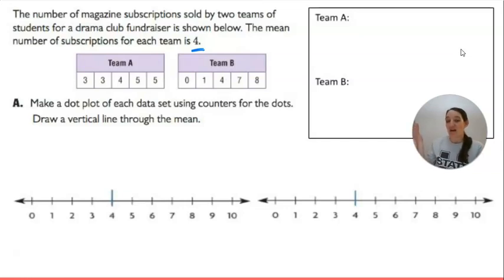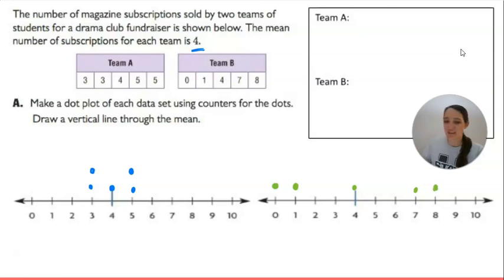Okay. Let's see if finding the deviation helps us at all. So team A: there were 2 people who sold 1 magazine, 1 person that sold 4, 2 people that sold 5. Then we have team B. There was someone who sold 0 or 1, someone that sold 4, someone that sold 7, someone that sold 8.